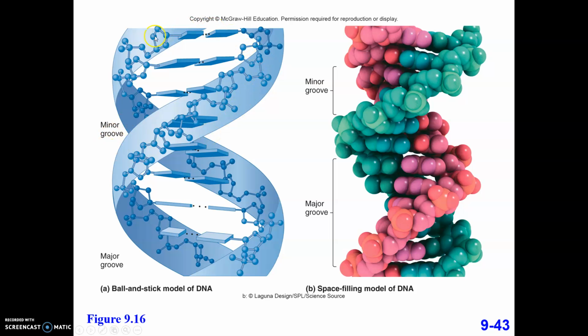This leads to there being a minor groove, and if you recall the minor groove, a key characteristic is that you cannot access the nitrogenous bases inside. The major groove, you can access the nitrogenous bases. So something small enough could reach in and touch.